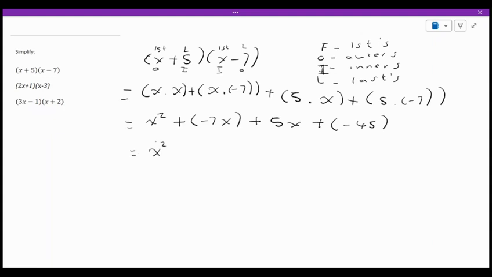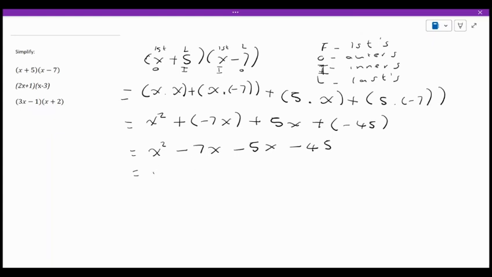So let's continue. x squared. Why is this going to change? A positive and a negative make what? A negative. So we have a negative 7x, and plus 5x, positive and a negative, that gives us a negative, right? And then we're basically done. It's just a matter of simplifying further.